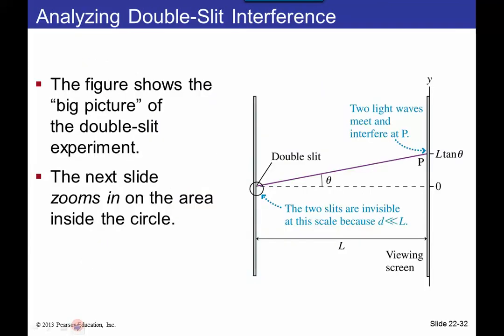To do that, if we take a look at the top view, then we have the following trigonometry properties, right? So here is our double slit, and it's very small here.